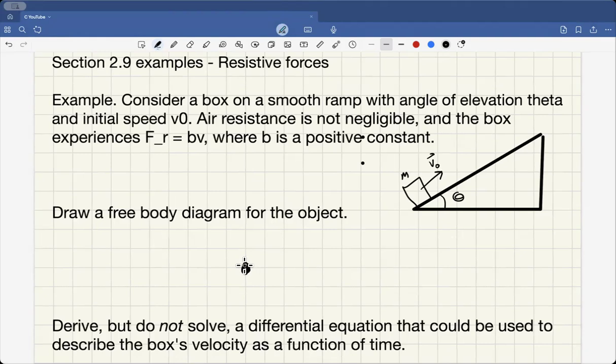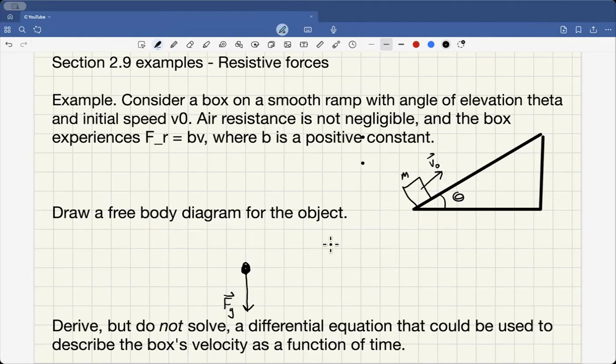Well, the forces that we should expect to be acting on this block: there's always gravitational force, so we do have to draw that. That will be pointed just straight down, just like usual, right? To the center of the Earth, but this is an object that's going to be close to the surface of the Earth at all times, so gravity is going to be down in that case. Velocity is not a force.